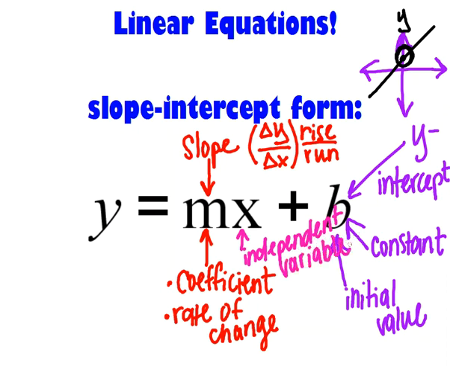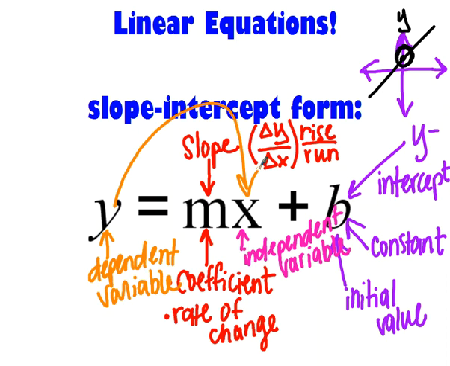And if x is the independent variable, that means y is your dependent variable. Basically, y depends on what you plug in for x, and we're going to see that in just a minute.